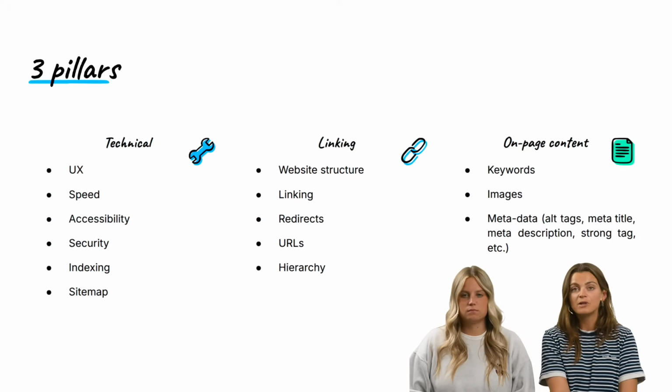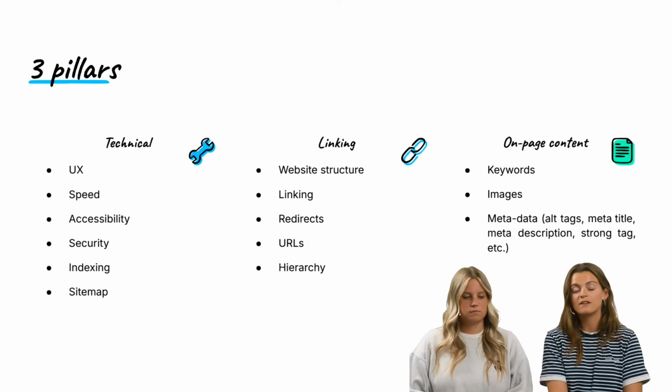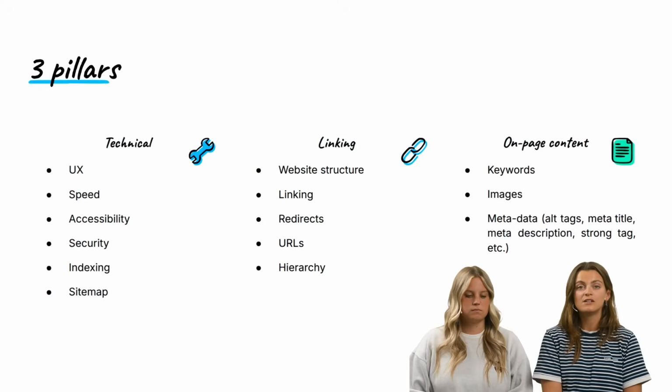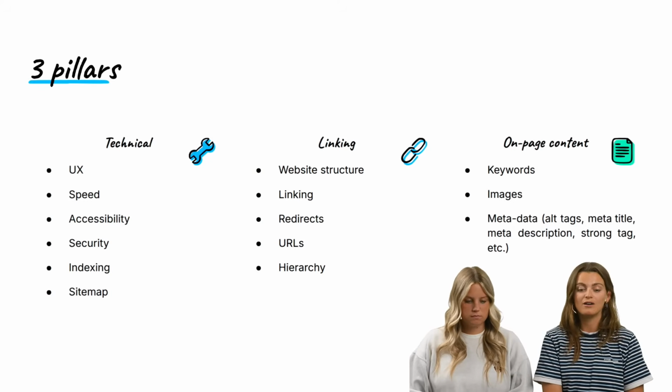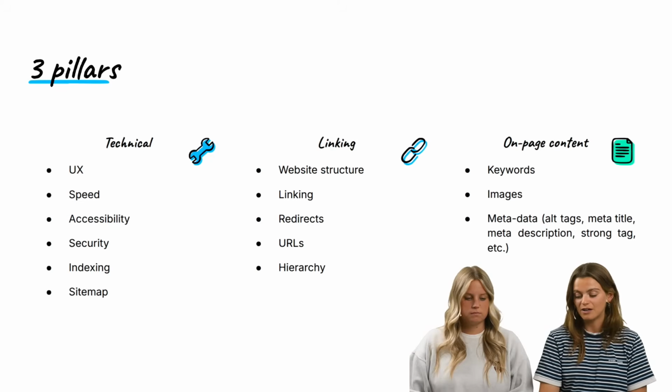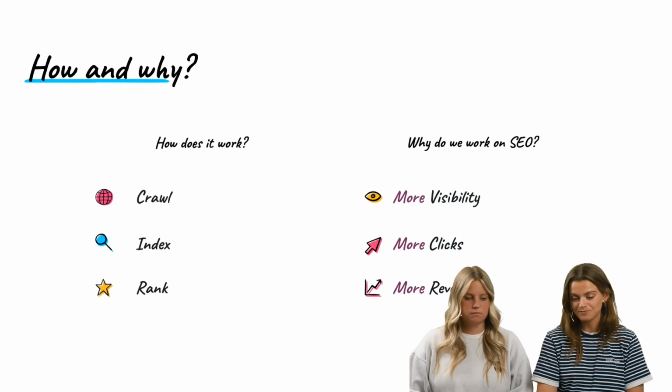And finally, the on-page content, so how to actually write content and include the keywords, so basically the searches that people are doing on Google, how to include them within your content and other types of SEO tags. We will see that in more depth right after.